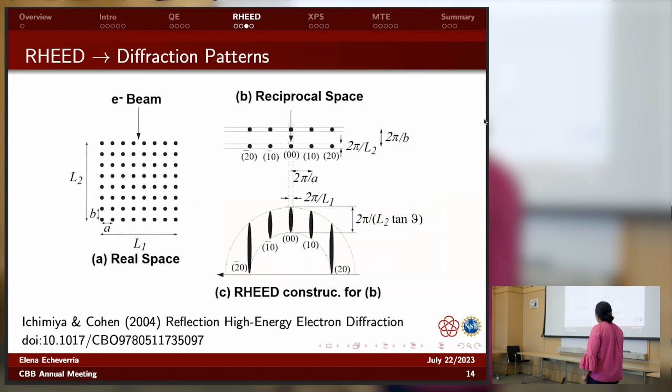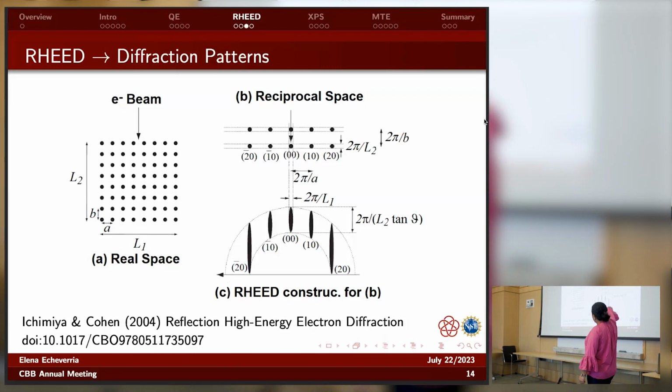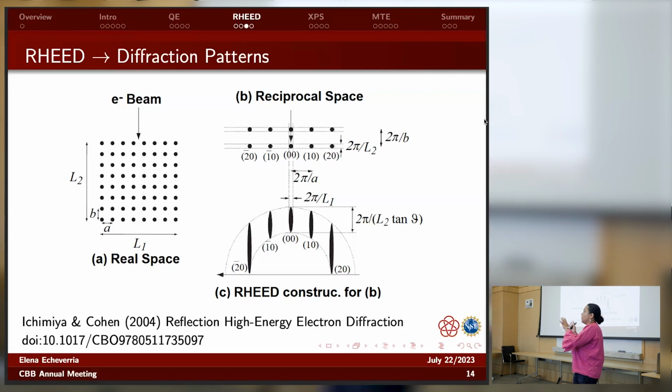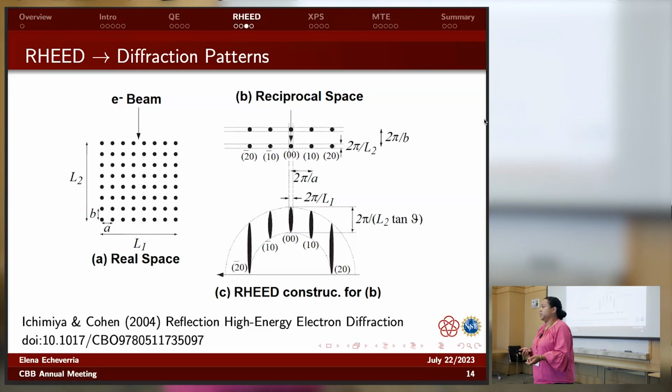Let's imagine that we have a lattice with certain parameters. This is the real space of this lattice. Then if we take the reciprocal space, we will basically have rods going in this direction. If the electron beam comes in this direction, it will again be diffracted, and we can look at the diffraction pattern on the screen. If we analyze this pattern, we can go back and know what kind of crystal structure we have.